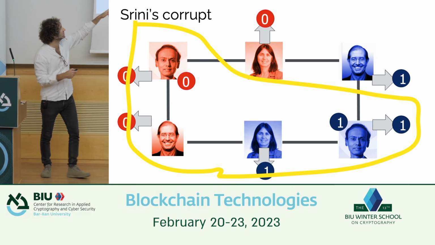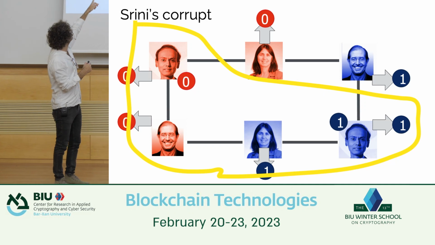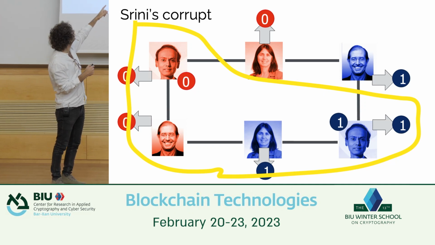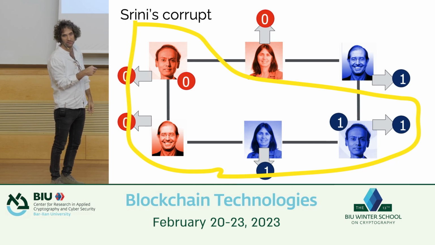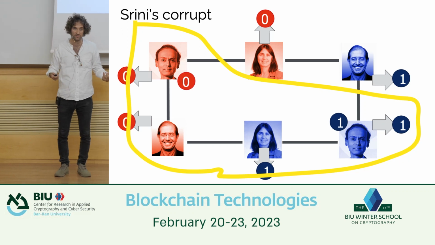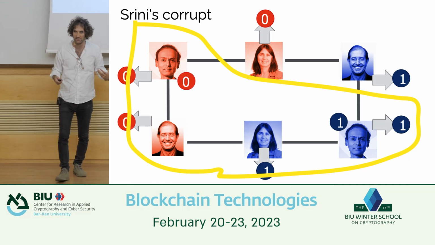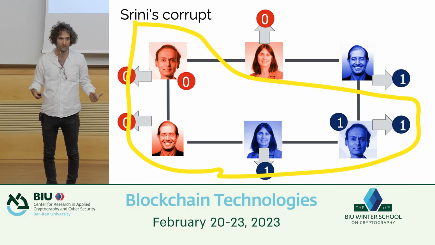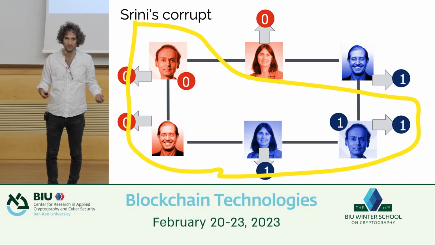Okay, and I want to just mention one more thing. Let's look at what Srini needs to do here. In his attack, Srini actually needs to emulate these guys. He needs to emulate the two honest guys here. So if you think of this protocol as being something that's computationally expensive, then this attack actually is computationally expensive to do. Does it make sense?